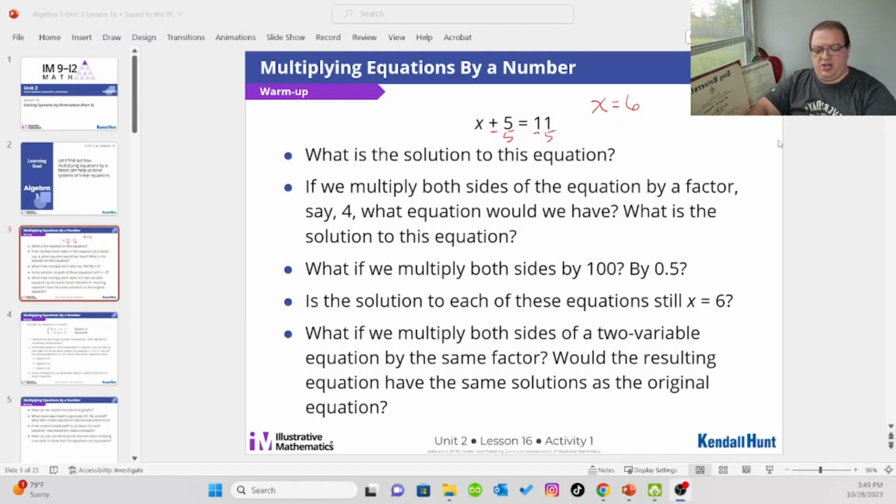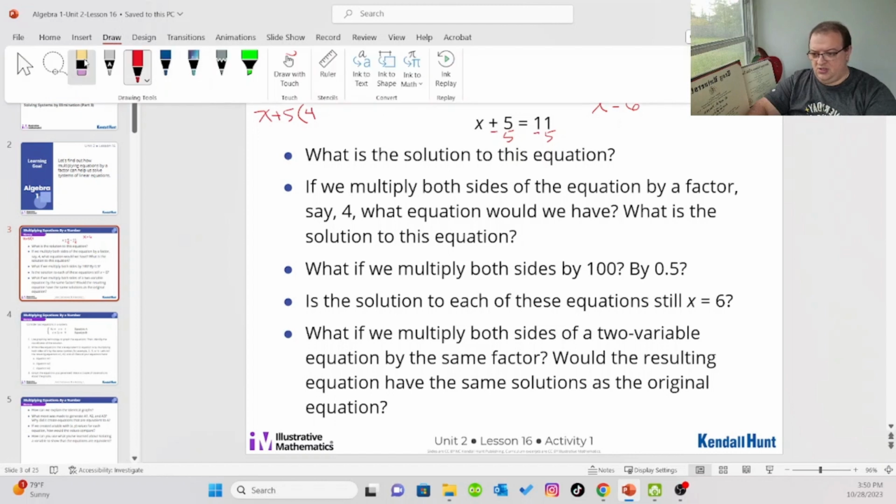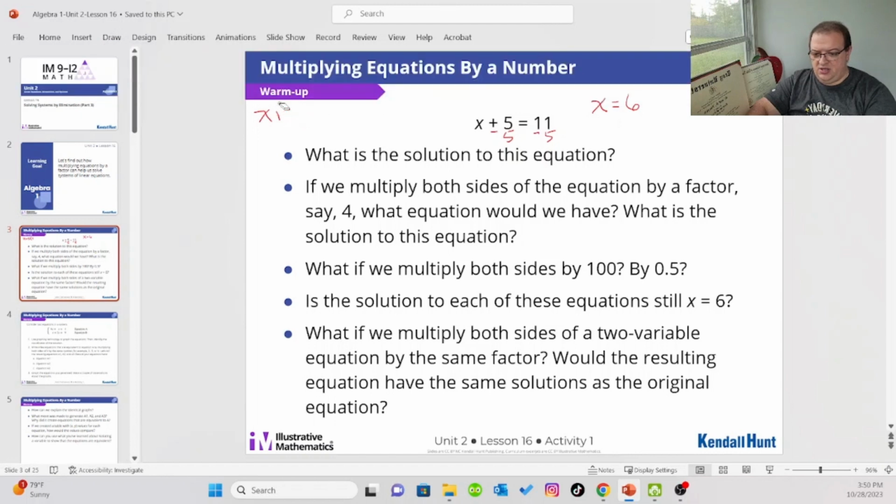If we multiply both sides of the equation by a factor, say 4, what equation would we have?